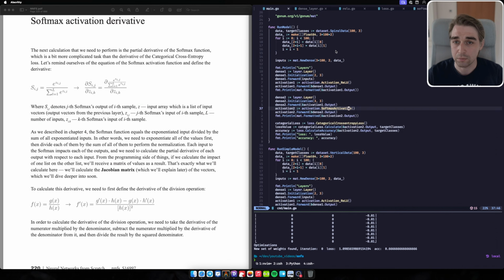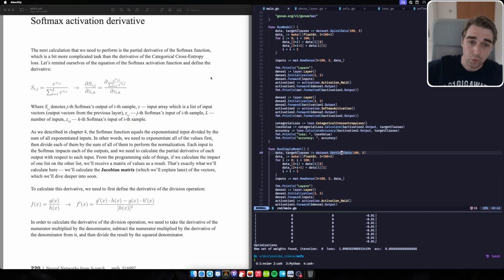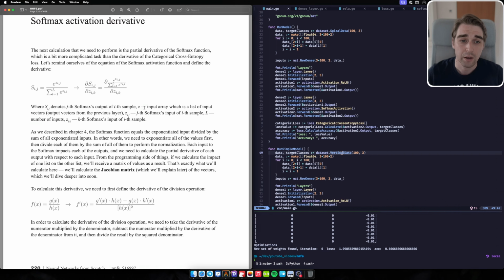For example, in the spiral data or in the vertical data, we're returning 300 samples, and we're passing all of the samples through our network, and i denotes one of the samples.